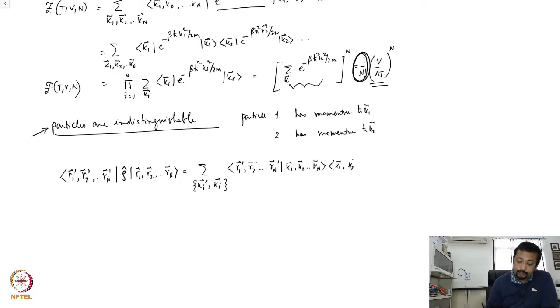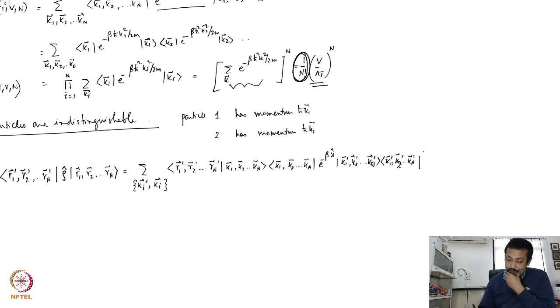⟨k1, k2, ..., kn| e^(−βħ...) |k1', k2', ..., kn'⟩, and then I have ⟨k1', k2', ..., kn'|r1, r2, ..., rn⟩.